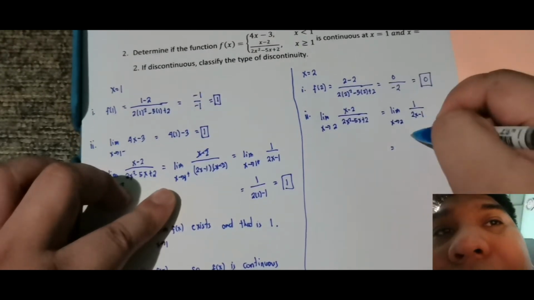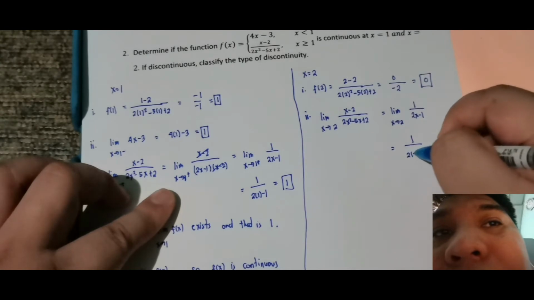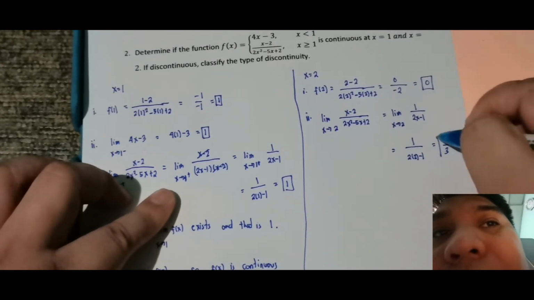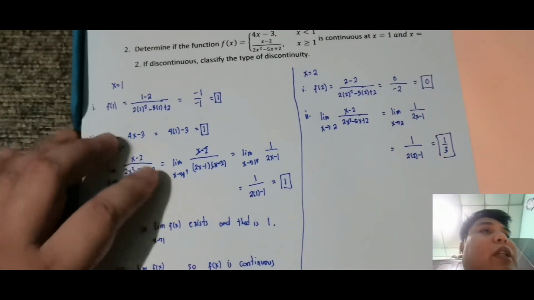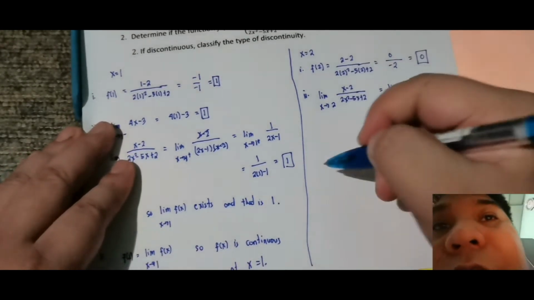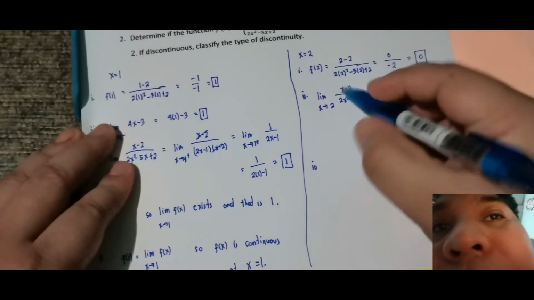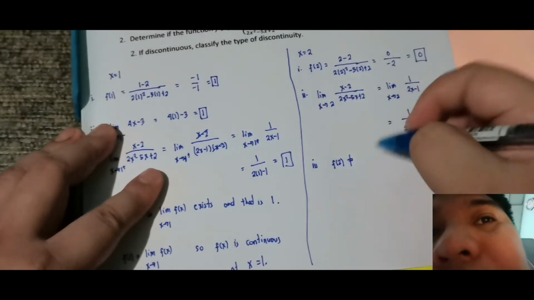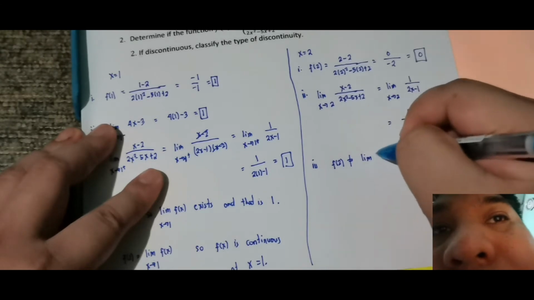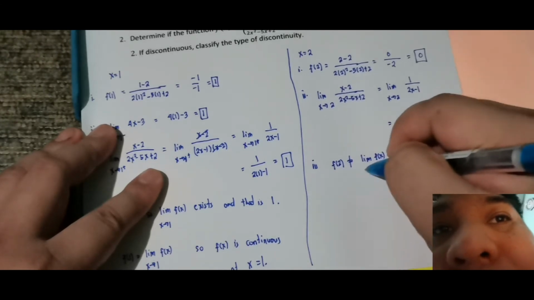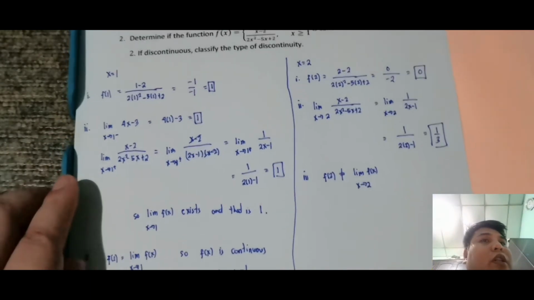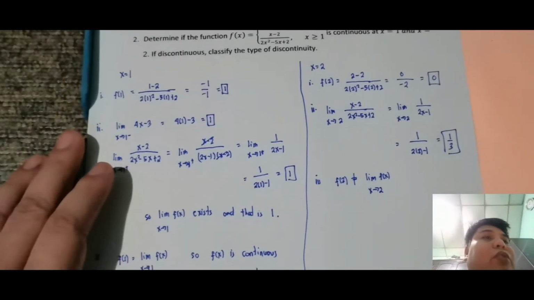Apply the limit, that is 1 over 2 times 2 minus 1 which is equal sa 1 third. Okay? So obviously, note the test 3, yung f of 2 is not equal to limit nung f of x as x approaches 2. So therefore, si f is not continuous dyan.